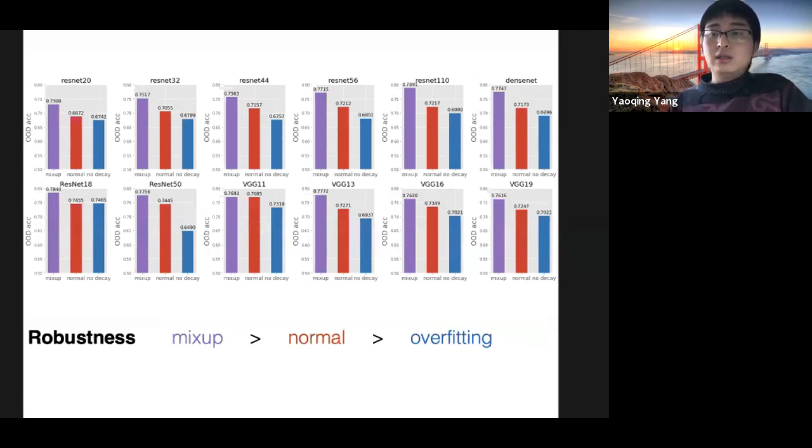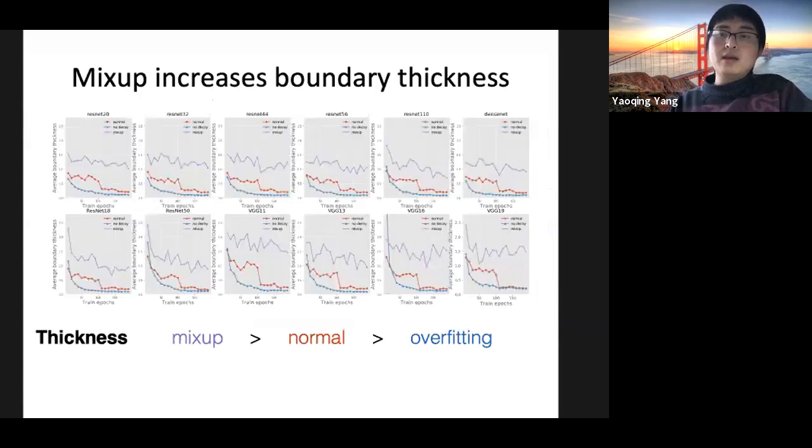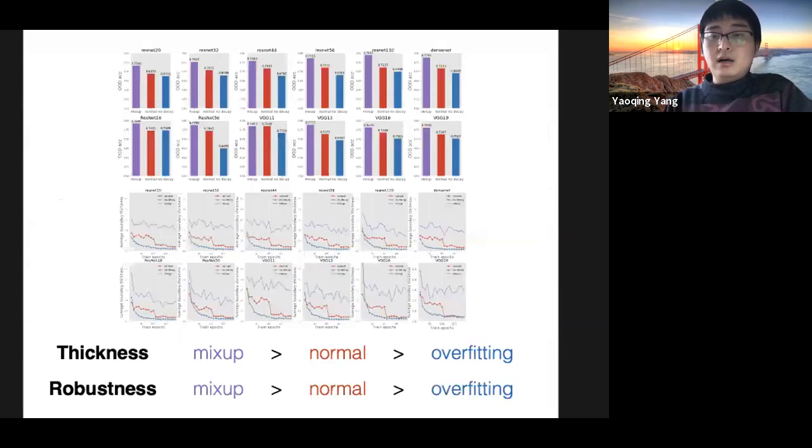In each plot, again, purple means Mixup, red means normal training, and blue means training without any weight decay or L2 regularization, in which case you will have severe overfitting. Then you can compare the results on the last slide with the boundary thickness. If you put these two plots together, you can see that indeed the training method that achieves a higher thickness, which is Mixup, also achieves higher out-of-distribution robustness.